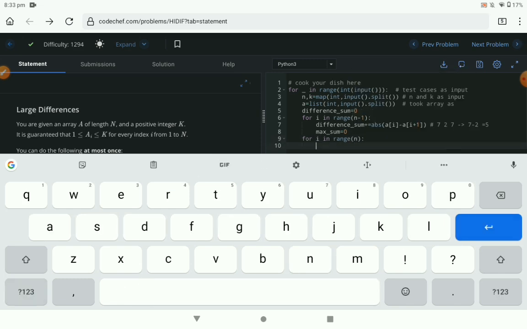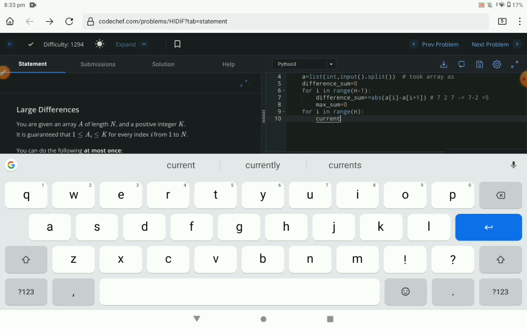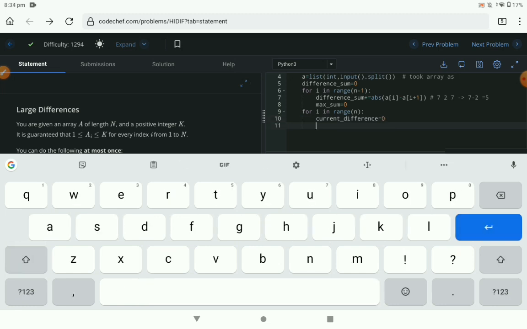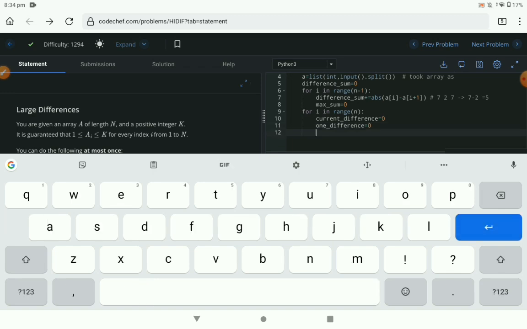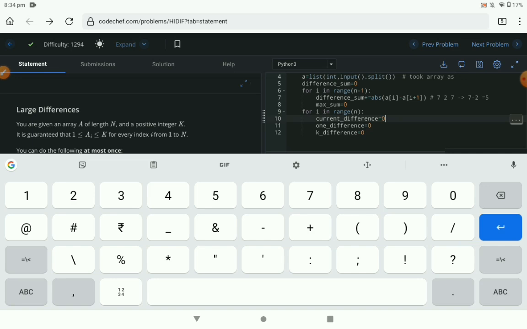There we will take current difference equals 0, then one difference equals 0, and then k difference equals 0.